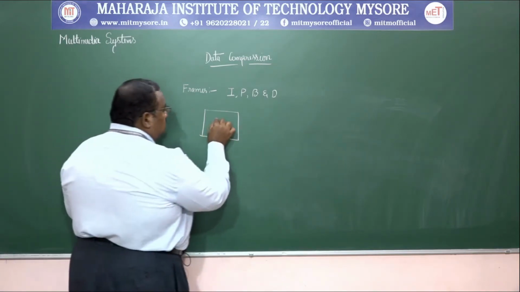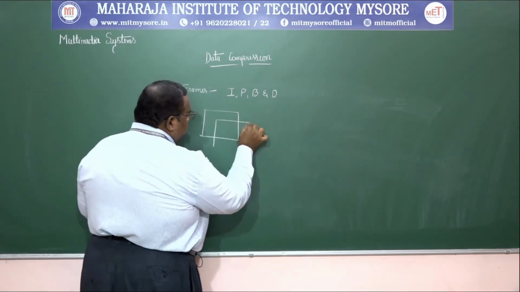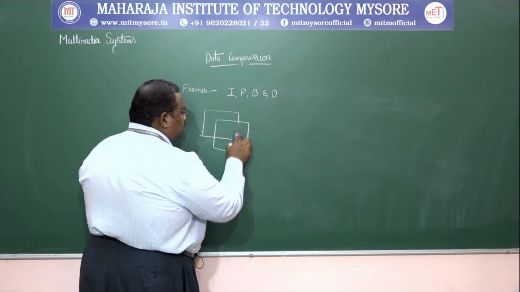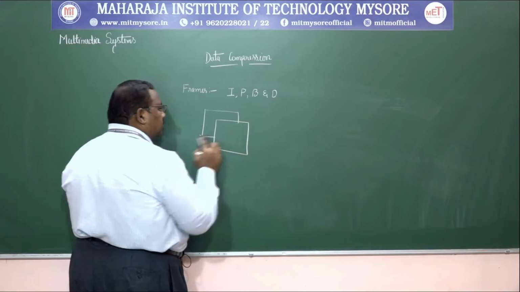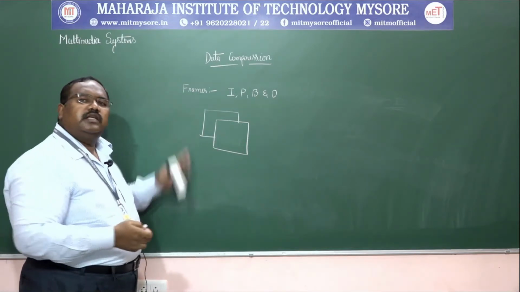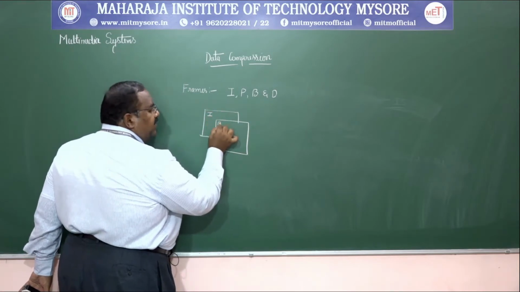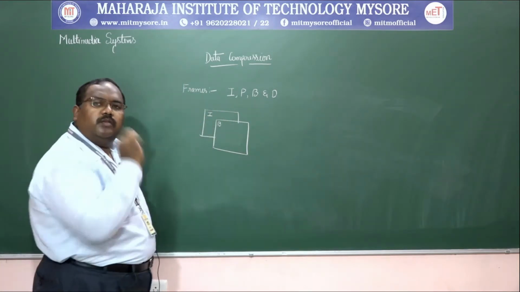Now, this one is an I frame. This is a B frame. I'll draw one more B frame.